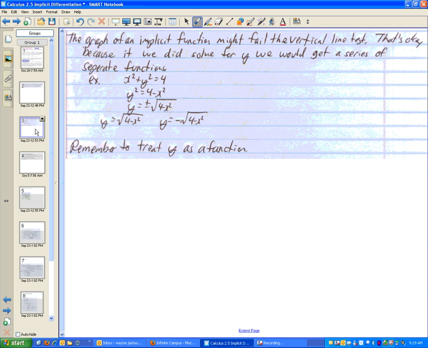Now, the graph of an implicit function might actually fail the vertical line test. In fact, even if you don't have the graph, but that's the easiest way to tell, what we're calling implicit functions may actually be a family of functions. For instance, what would you get if you graphed x squared plus y squared equals 4?